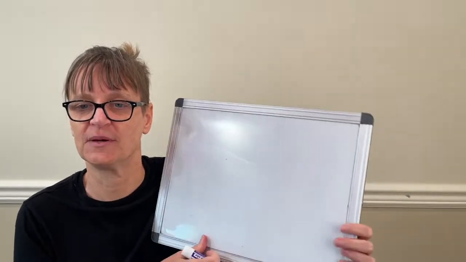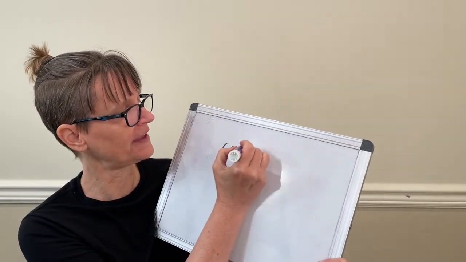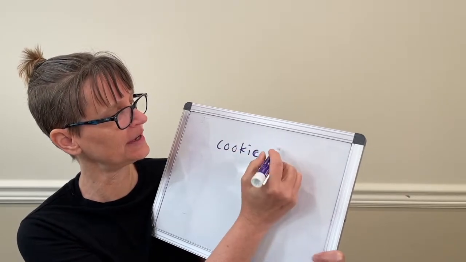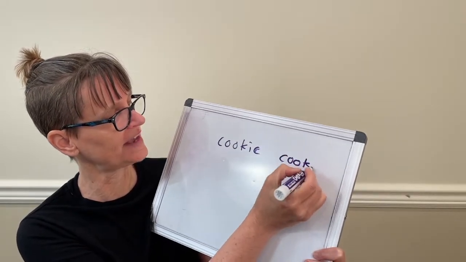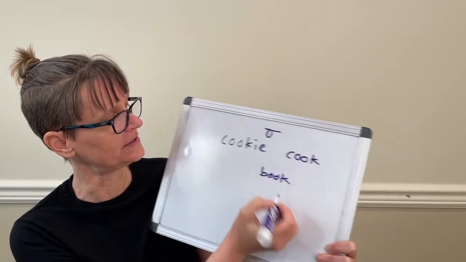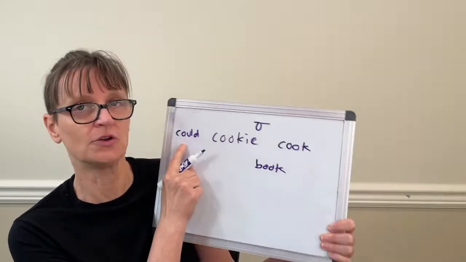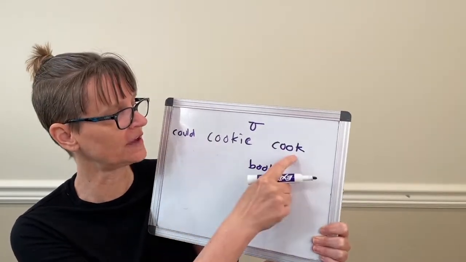Thank you. Okay. We have a question about the word cookie and cook, whether or not they have the same vowel as book. And they do. All of these have the vowel. And I like to use the word could with these. Like I could have a cookie. I could cook that.